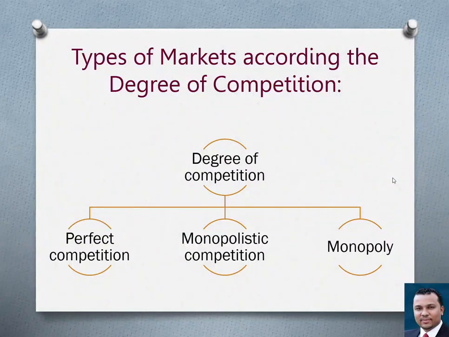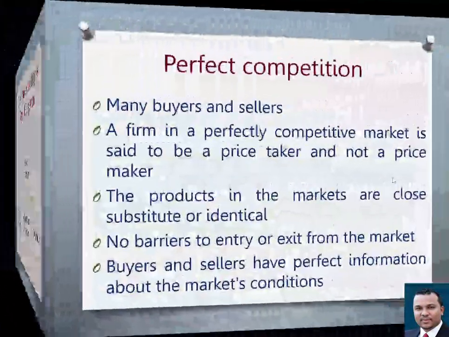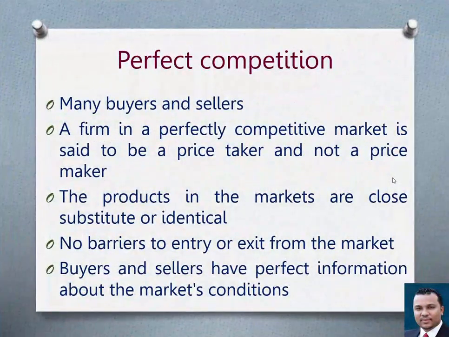In the case of perfect competition, we talk about the features or characteristics for a market to be described as perfect competition. The first one is many buyers and sellers. As a result of many buyers and sellers, no one can control the price.